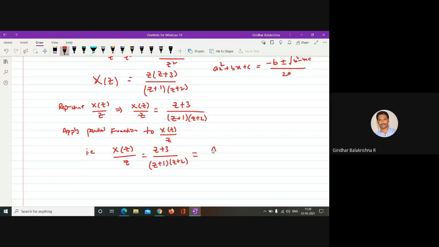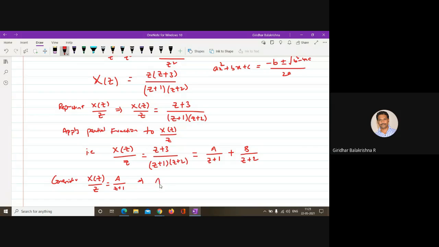Okay, A by z plus 1 plus b by z plus 2. For simplification, first consider X of z by z equal to A by z plus 1.